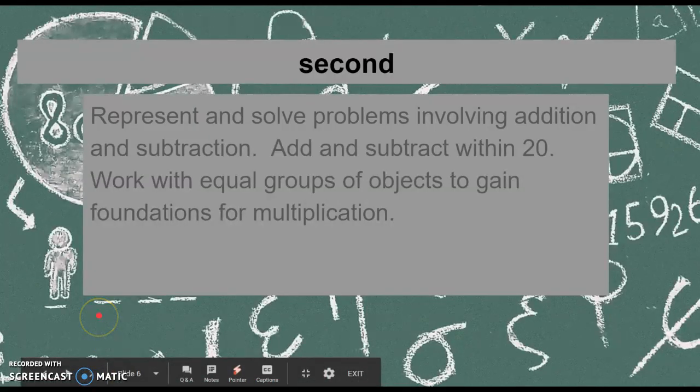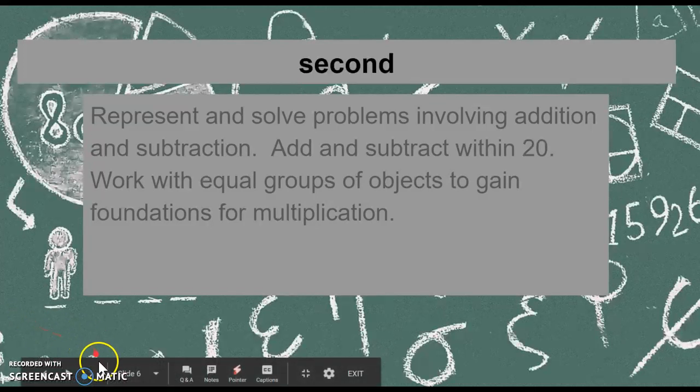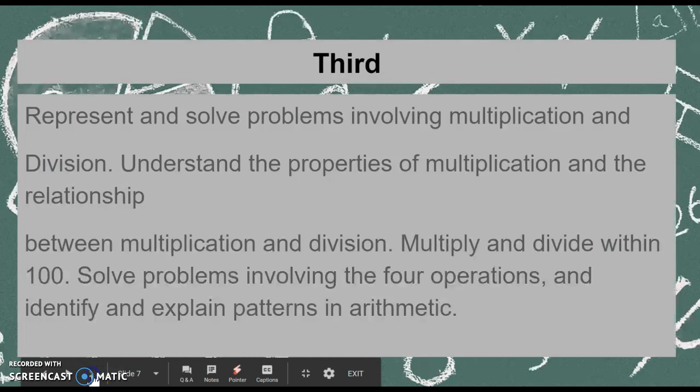In second grade, they do the same things, but they represent and solve problems involving addition and subtraction, add and subtract within 20, which is very much like first grade, and then they work with equal groups of objects to gain foundations for multiplication. We're moving on to multiplication.